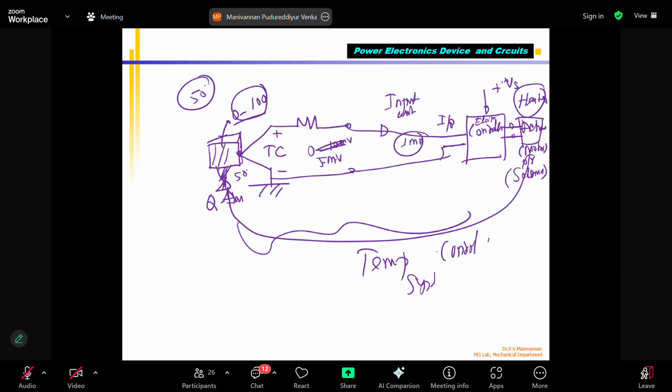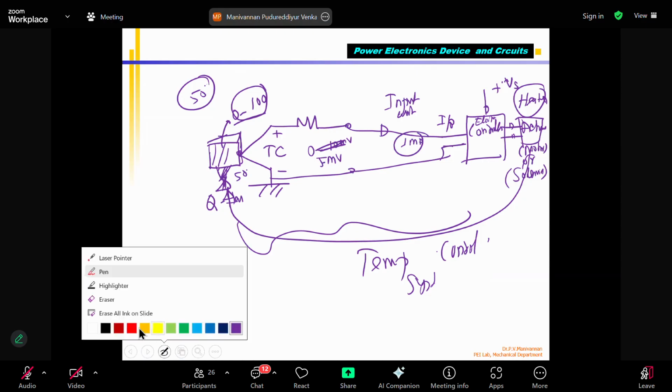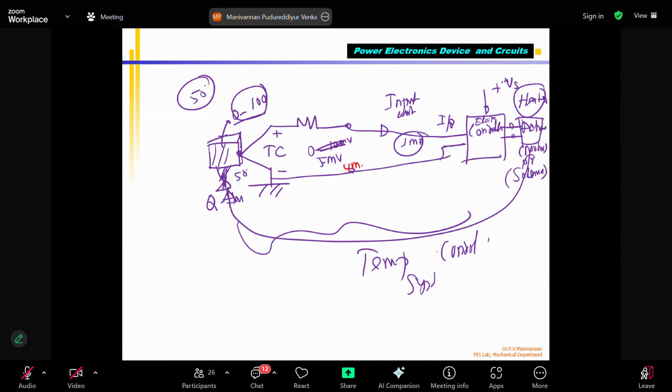Because of that, this will become 4 millivolts, for understanding purposes. 4 millivolts means... the controller is programmed such that if this input voltage varies from 0 to 10 millivolts, it corresponds to 0 to 100 degrees centigrade of this metal block. That is how you have programmed it.